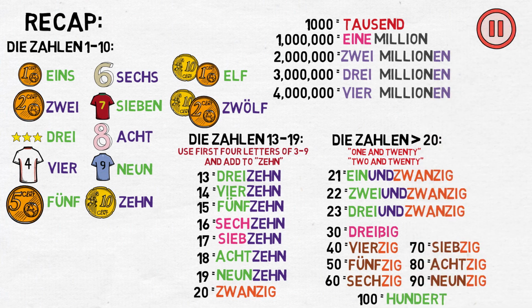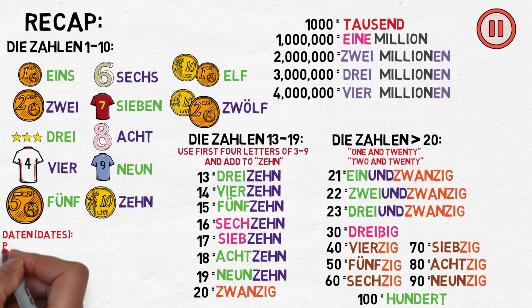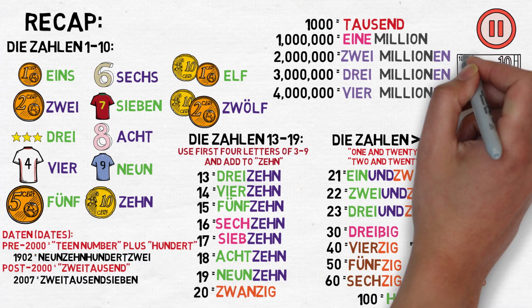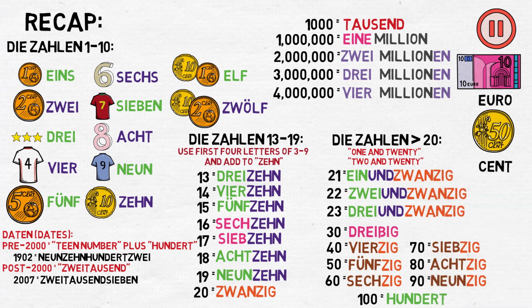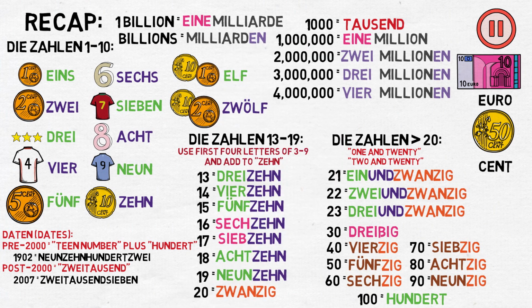It's a good idea to pause the video now to recap the numbers from 0 to 99,999,999 in German, as well as saying dates pre and post 2000, as well as euros and cents. Oh, and the word for billion is eine Milliarde. It works in the same way as eine Million and has a plural form of Milliarden. And if you need to count any higher than 1 billion, there's no reason why you can't do that now.